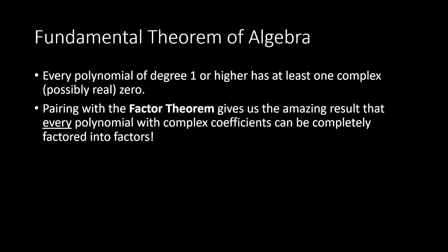Okay. The fundamental theorem of algebra says every polynomial of degree 1 or higher has at least one complex or possibly real zero. So if you pair this with the factor theorem, it gives the amazing result that every polynomial with complex coefficients can be completely factored into linear factors.